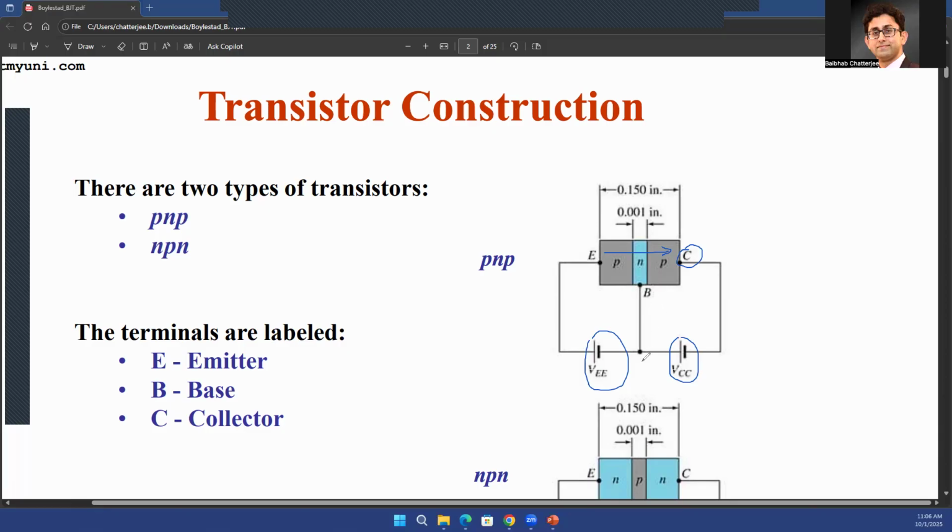And the base terminal is connected in between. We'll come to what the job of the base terminal is. It basically controls the amount of current flow. For resistors, you know that you can connect a voltage across a resistor, and then that creates a current flow if you have a voltage connected between these two terminals.